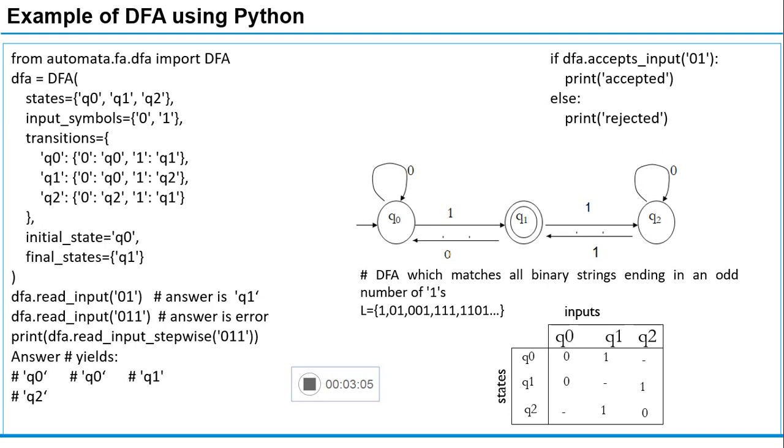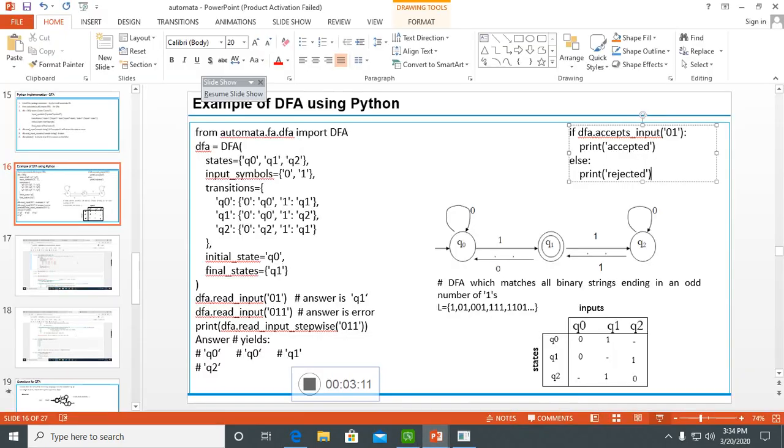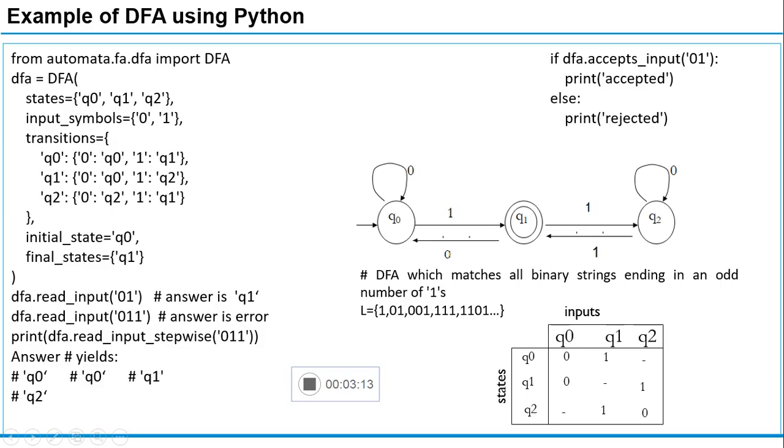First is 0, which moves on to Q0 itself, so Q0 to Q0. Then it moves from Q0 to Q1, and from Q1 it moves on to Q2. So that has been mentioned here.